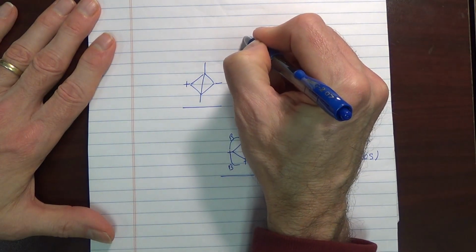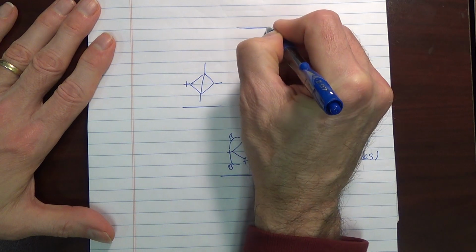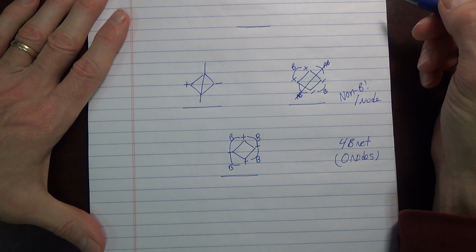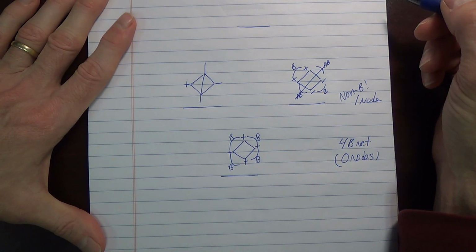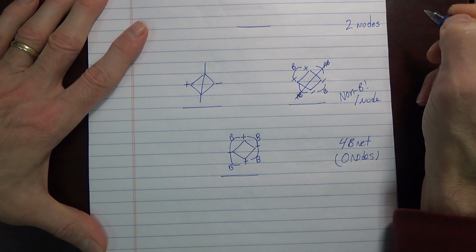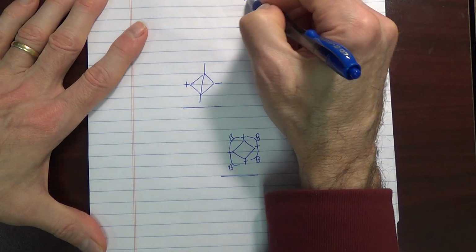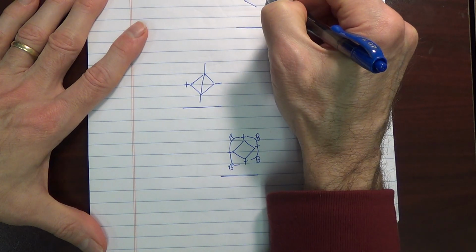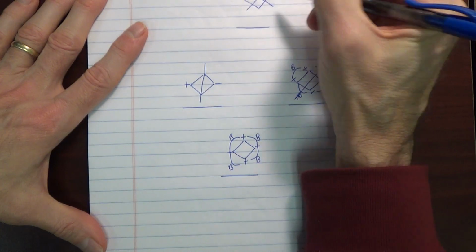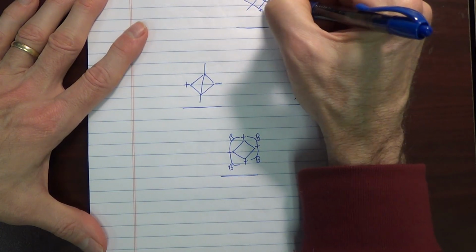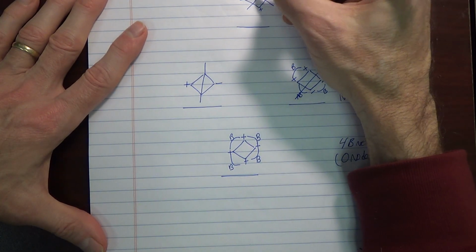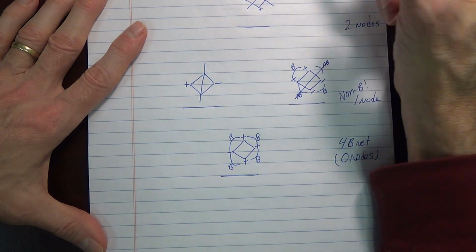Then we have one remaining, because if you start with 4 p orbitals, they're going to combine in 4 different ways to make 4 MOs. This would have 2 nodes. You can draw them like this, plus, minus, plus, minus. I could have drawn that X sort of more centered in there, but I did not cut through any atom.